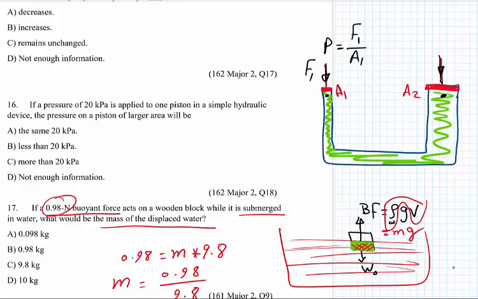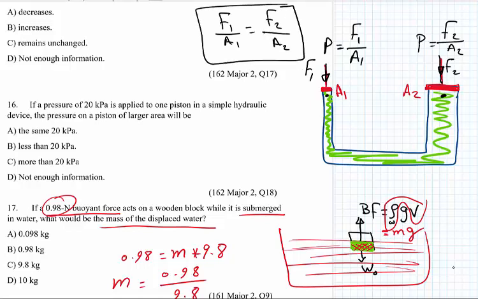And on the other side it's the same pressure, but here the force is F2, divided by A2. So we can say that F1 divided by A1 equals F2 divided by A2. So this is Pascal's principle.